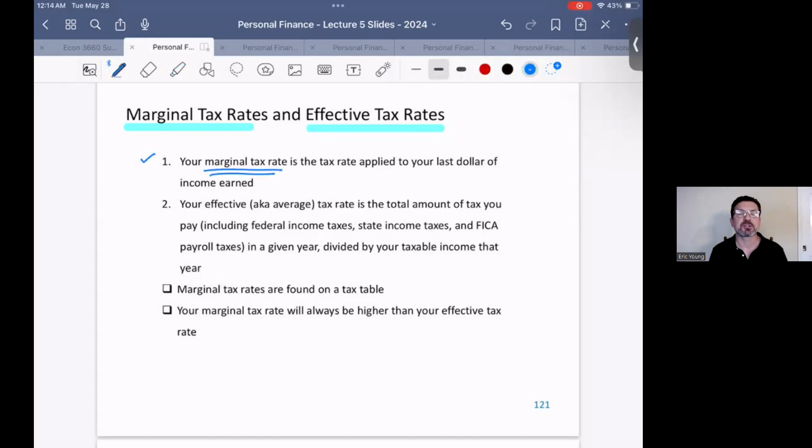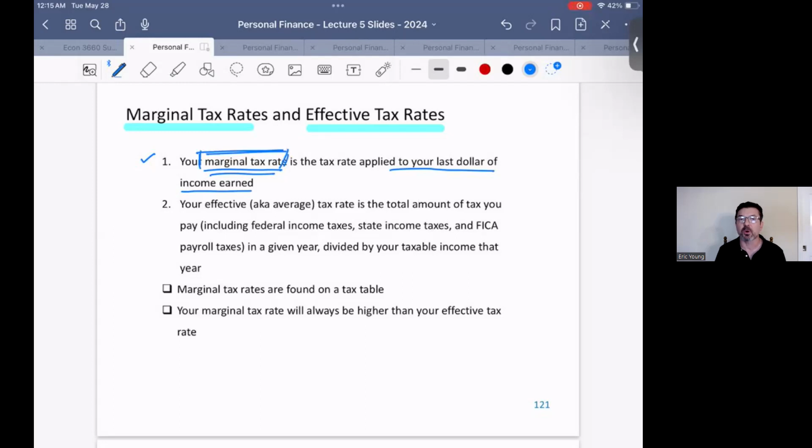This is the tax rate that applies to the last dollar of income that you earned. In economic principles, the word marginal means additional or next. So for every additional dollar you make, in other words, the last dollar that you made or the next dollar that you will make, the income tax rate that dollar is taxed at is known as your marginal tax rate.